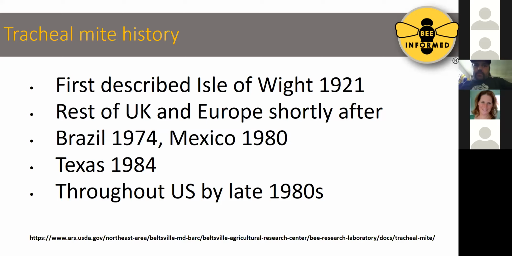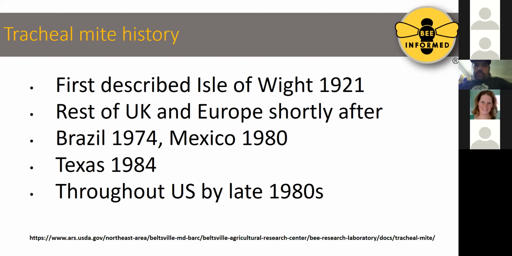First confirmed finding in the United States was in Texas in 1984 in the summertime, and by that fall, it had been found in a number of different states. So it was pretty common with the ways bees get moved around the country for pollination, for honey production, for wintering locations, for shipping of nukes, packages, queens, things like this. Once something gets here, it's everywhere pretty quickly.